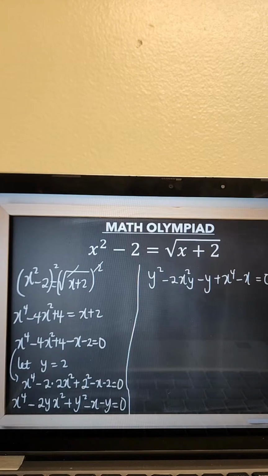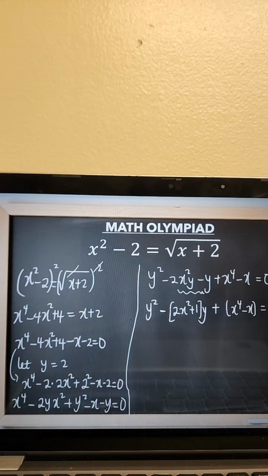Now rewriting this equation, I'm going to have y squared minus, in parentheses, I want to factor y out. So here I'm going to have 2x squared plus 1 times y. So I'm rewriting these two given values as this. Plus, here we have x to the power of 4 minus x equals to 0.